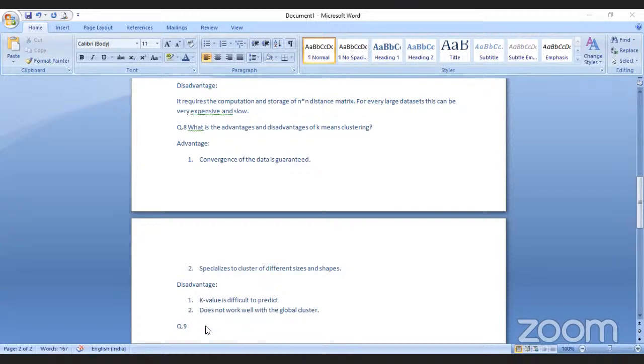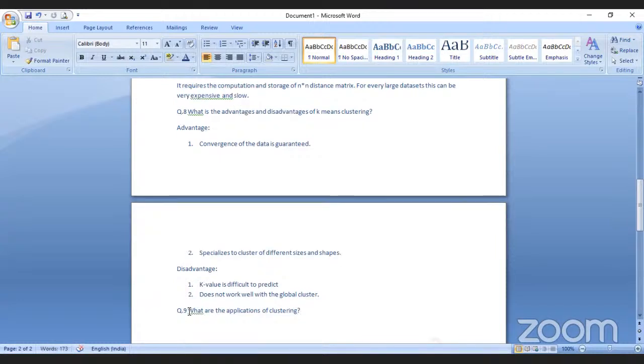Then next, what are the applications of clustering? Where can we use clustering?